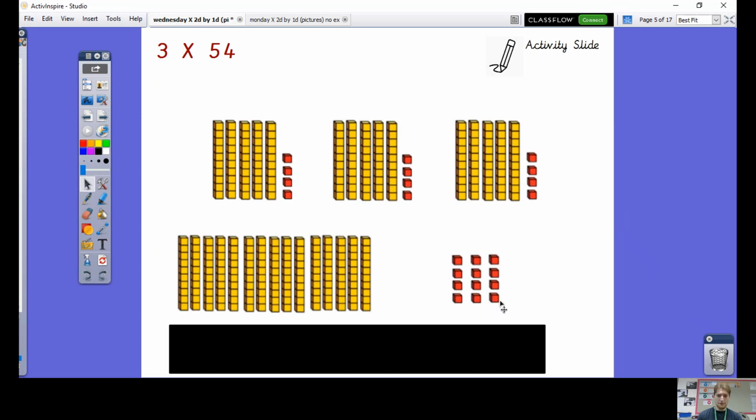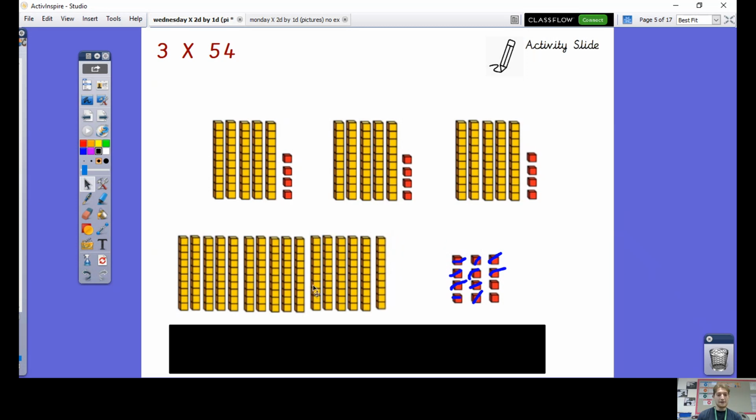Now, again, 12 is not 9 or below, so we're going to have to exchange. What we should have done, let me get to the blue, is again cross out 1, 2, 3, 4, 5, 6, 7, 8, 9, 10 ones, and then exchange it for another 10. We can move the 10 over there.